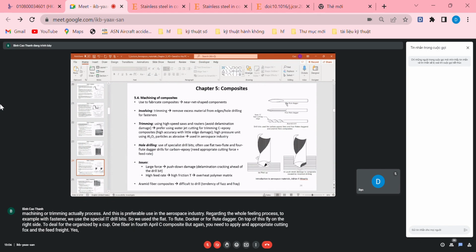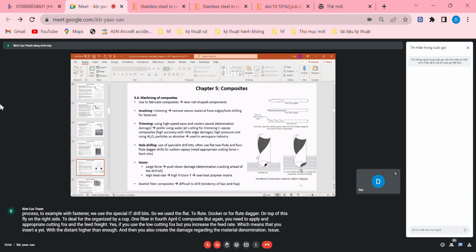If you use a low cutting force but increase the feed rate, which means that you insert the tool with a distance higher than enough, then you also create damage regarding material delamination.